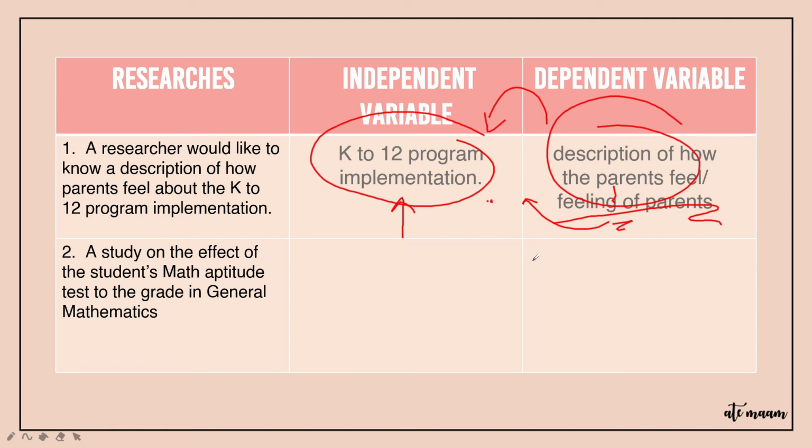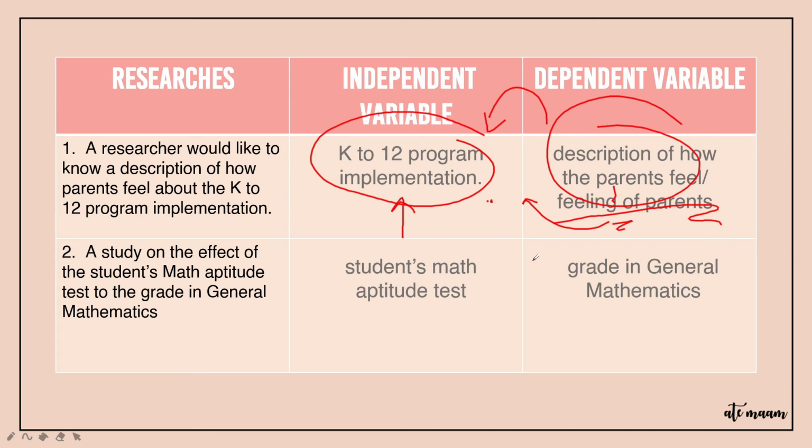Okay, next, for number 2, can you identify the independent variable? Correct. Our independent variable is the students' math aptitude test. Now, can you identify the dependent variable? Correct. Our dependent variable is the grade in general mathematics.